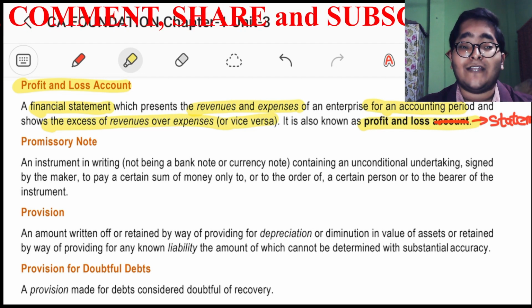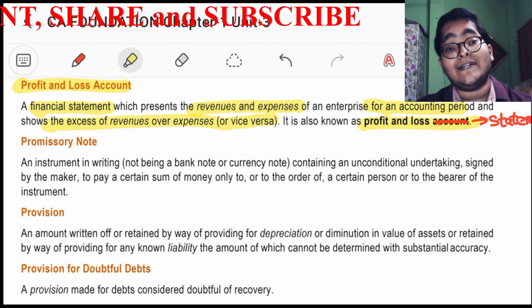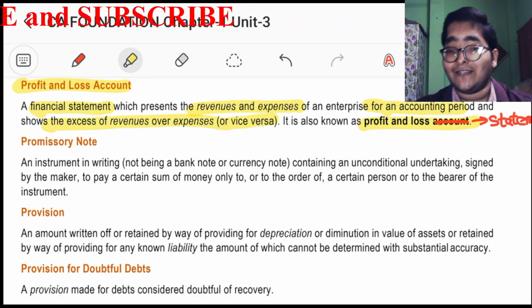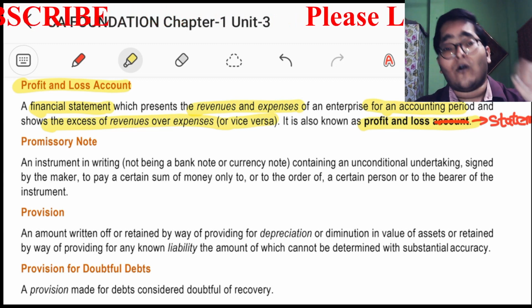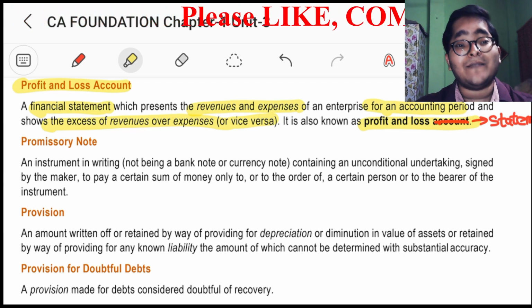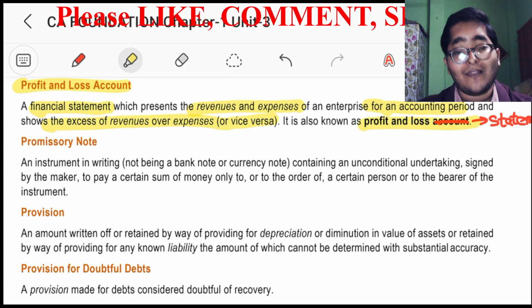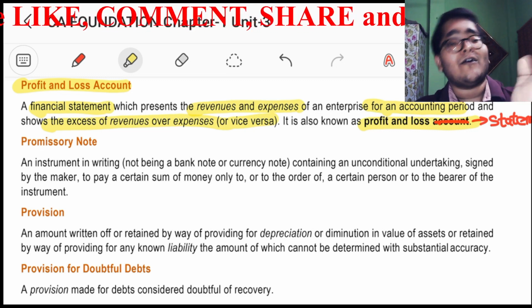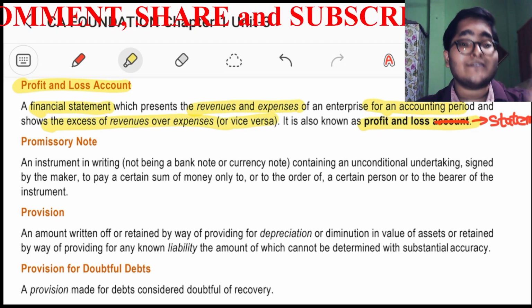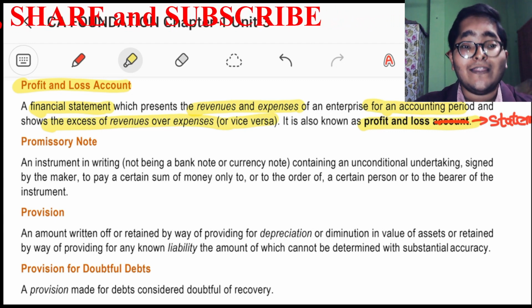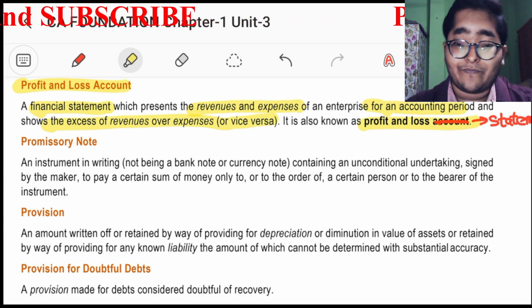It can be payable to the person whose name is written in the promissory note, or to the order of the taker, or to the bearer of the instrument who bears the instrument at the time of payment. The payment must be given to him.